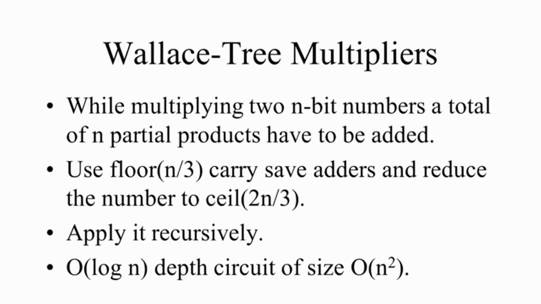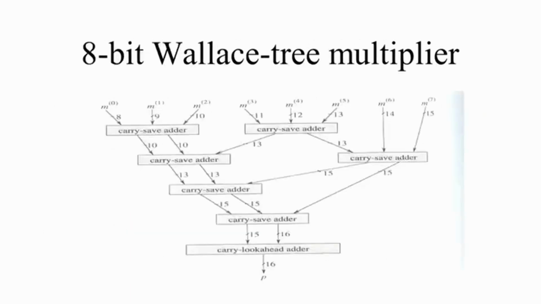I will talk about this construction in great detail in the next class, but just to give you a heads up. I am trying to multiply 2 8-bit numbers, right. So I will basically get M0, M1, M2, M3 till M7.